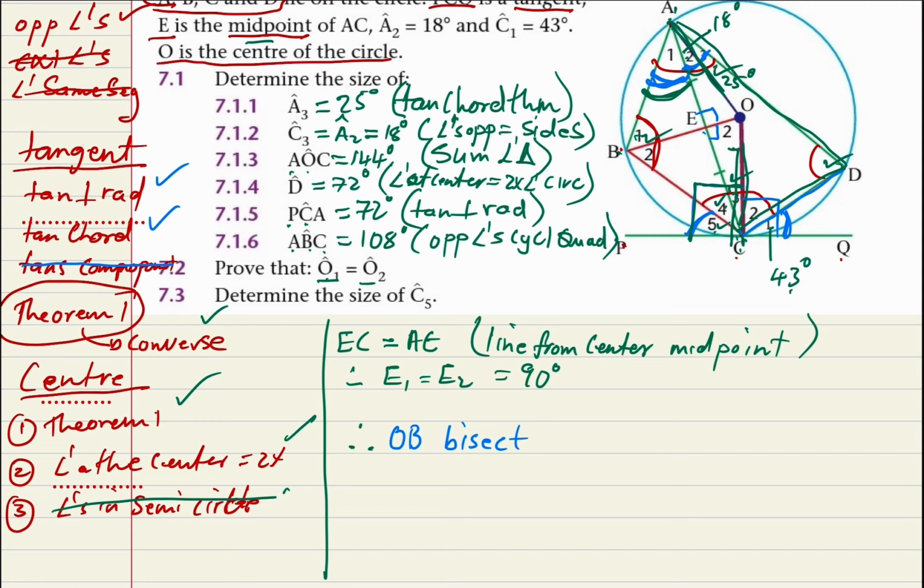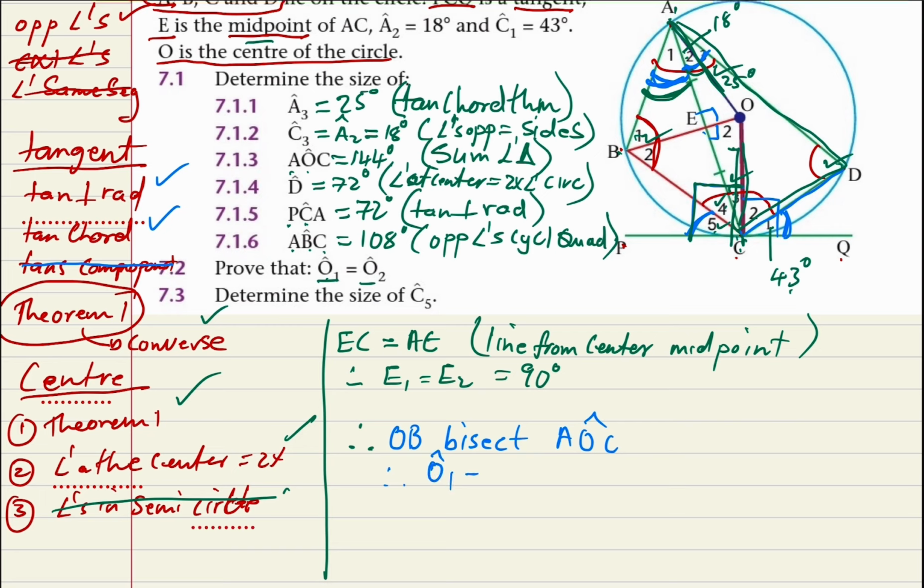It bisects. What's to bisect? Is to separate something that is full into two equal parts. So it bisects what? Angle AOC, which means that what?